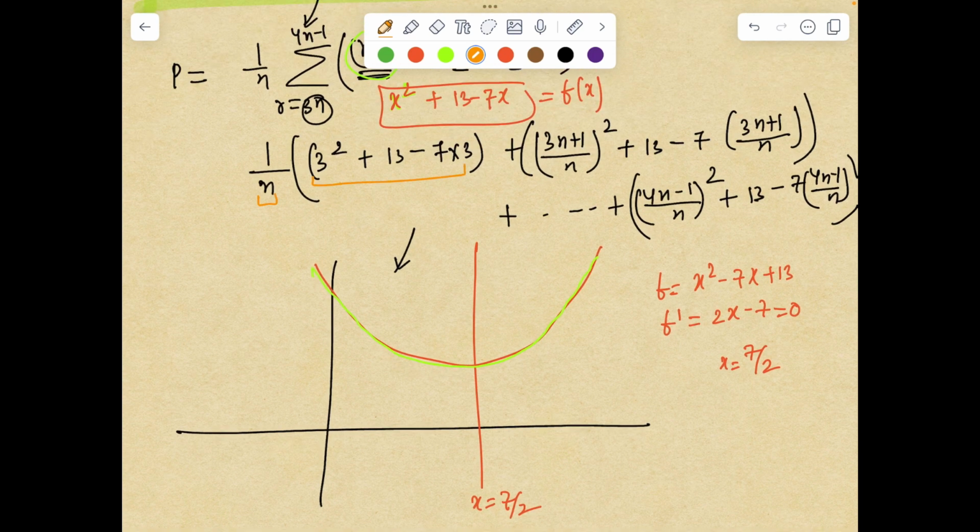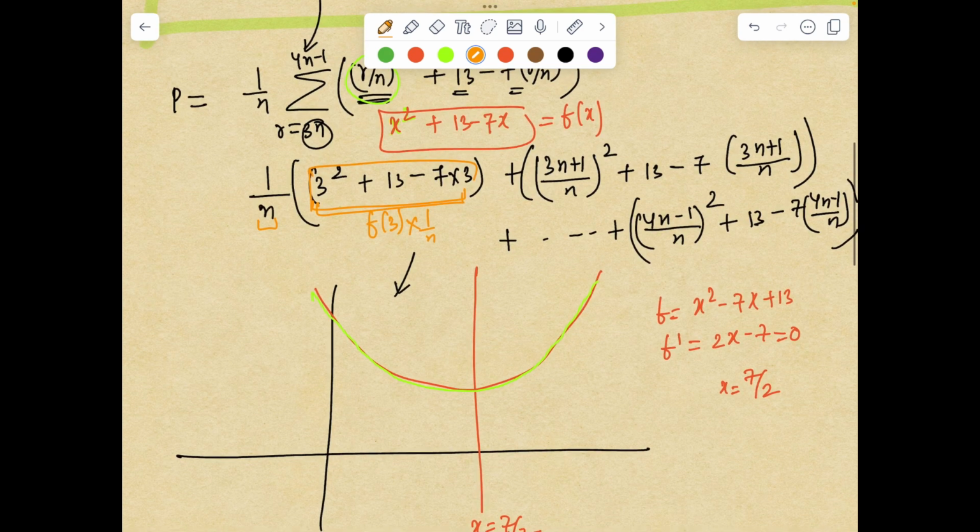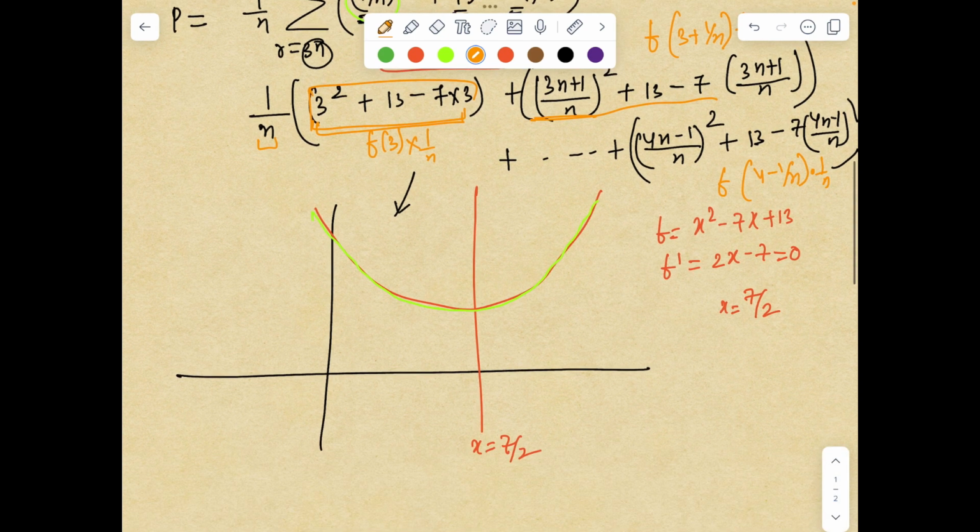Now, what is the geometrical interpretation of the first term? The first term is the value of f at x equals 3. So this expression is nothing but f of 3 into 1 by n. The second expression is nothing but f of (3 plus 1 by n) times 1 by n. And the last expression is f of (4 minus 1 by n) times 1 by n.